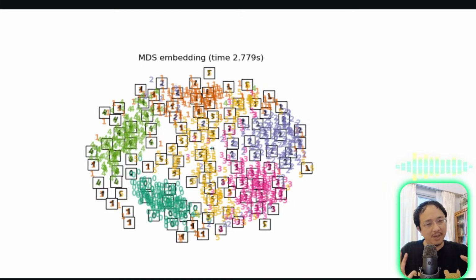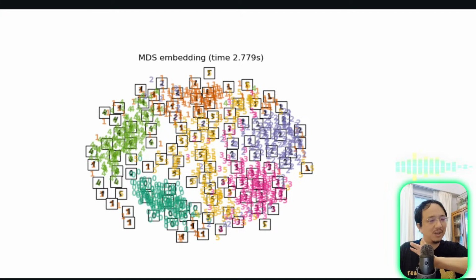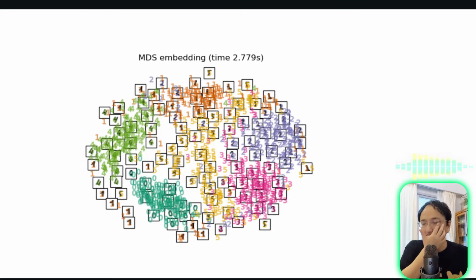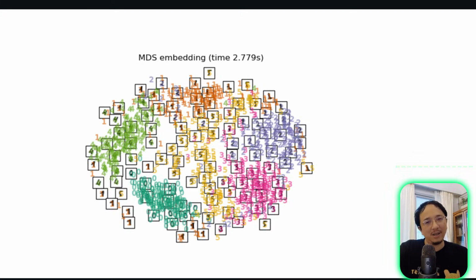And you can also do MDS embedding to estimate the manifold of the data. Although it doesn't work that well on the S-shaped manifold, in some cases it works. At least in this case, I think it has done a very good job.